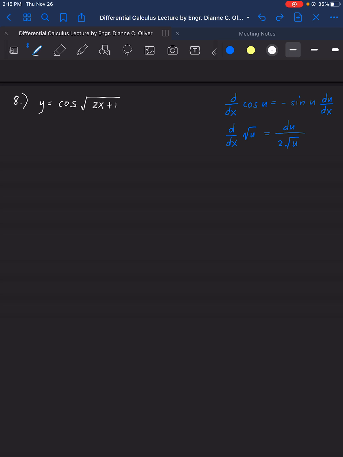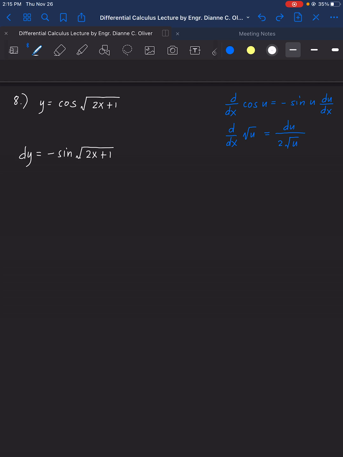So again, for the cosine, the derivative of cosine is negative sine. So negative sine, then copy the u. U here is 2x plus 1. Then, after u here, we now derive the u.